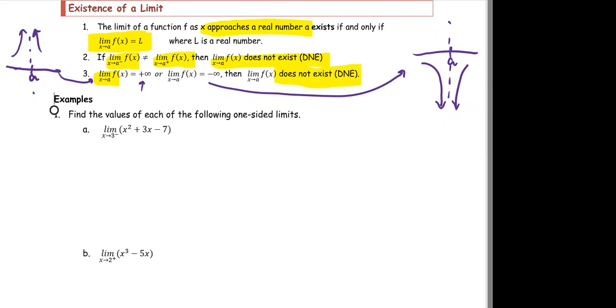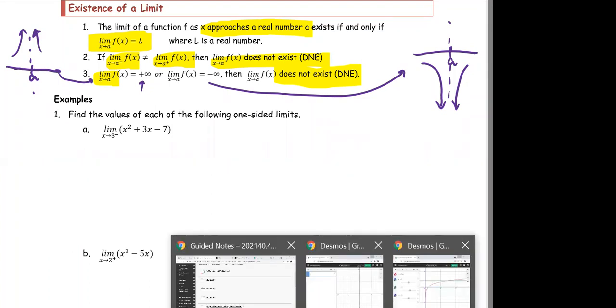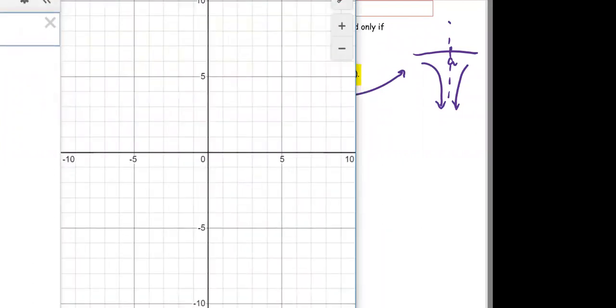All right, let's do some examples here. Do you have a calculator handy? Or you can use the calculator built into the computer, or go to desmos.com. I can show you real quick, and it's easy. Has anyone used desmos.com before?